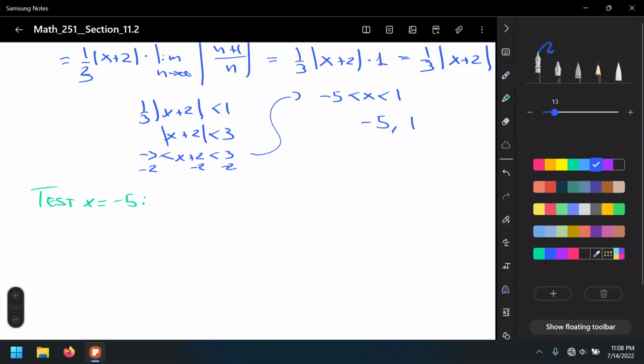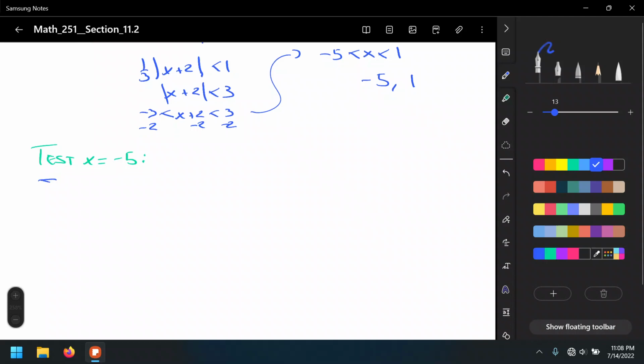So, sigma n equals 0 to infinity of n times (-5 plus 2) to the n over 3 to the n plus 1.